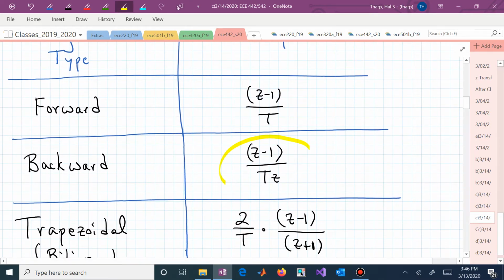This particular video is working with the backward numerical integration strategy, so that's this quantity Z minus 1 over capital T Z.